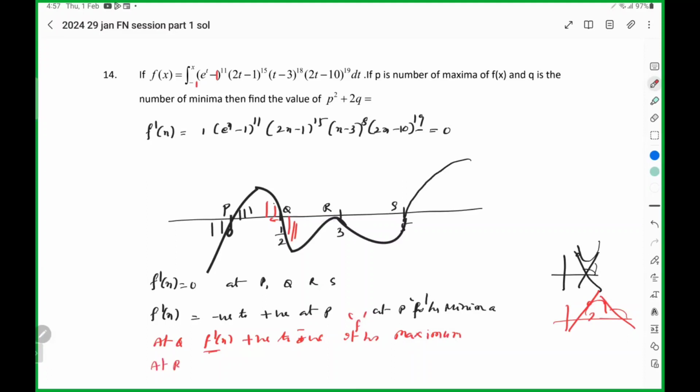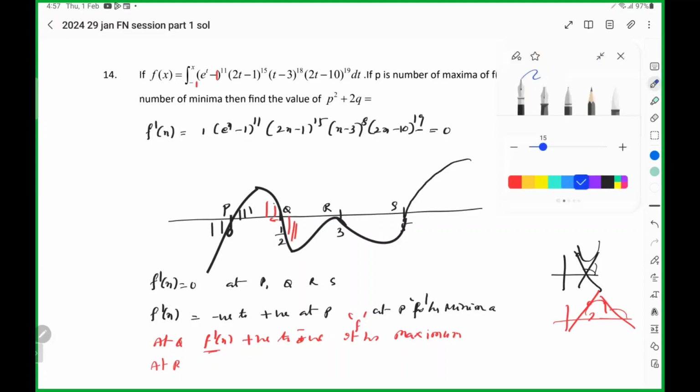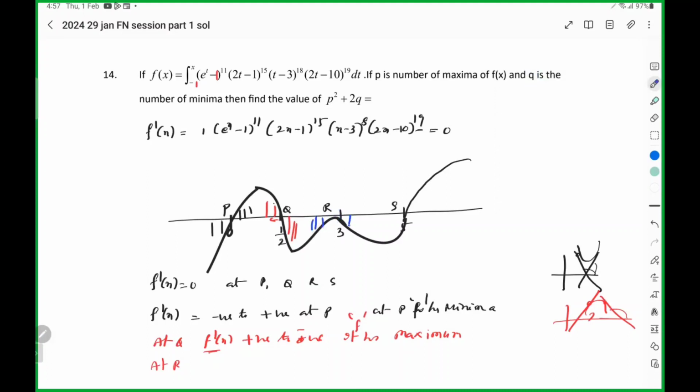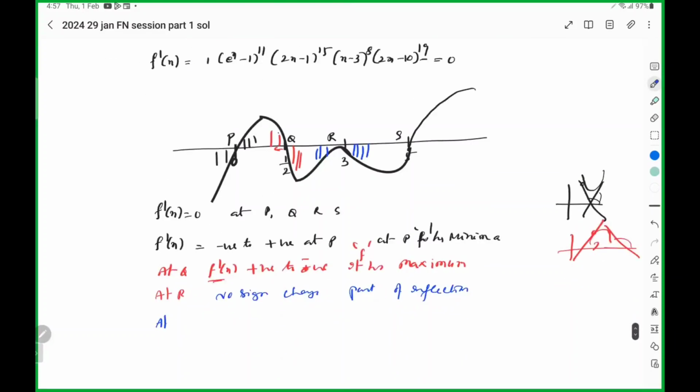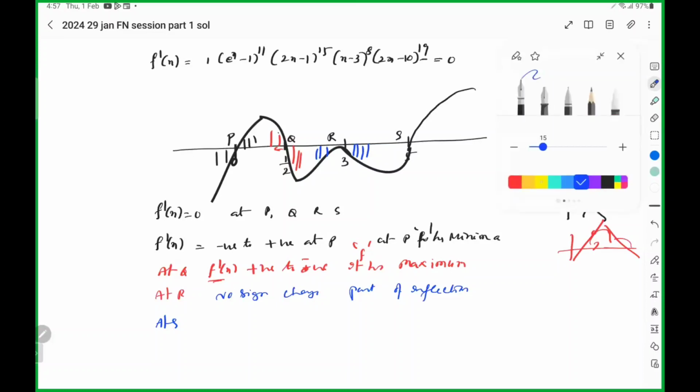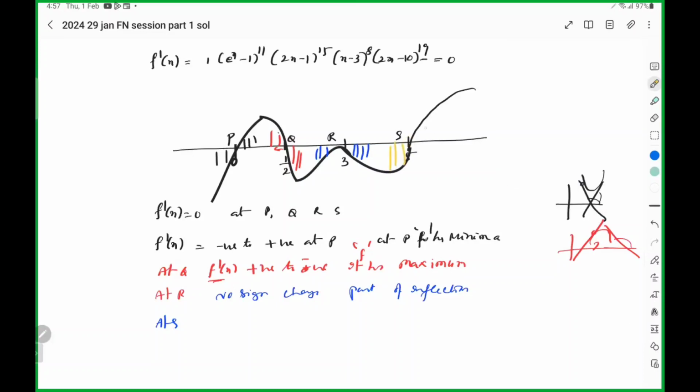At R, just before R it is negative, after that no sign change. Point of inflection. At S, before that it is negative, after that positive.